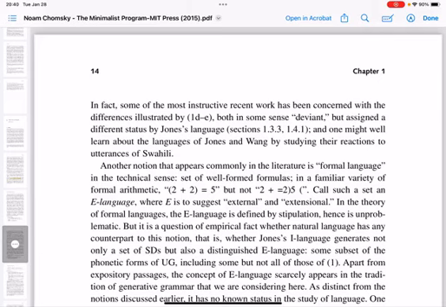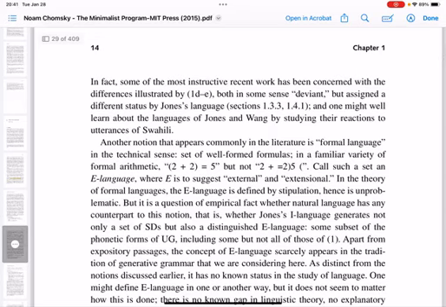I don't know. It's something, but assigned a different status by Jones's language, and one might well learn about the languages of Jones and Wong by studying their reactions to utterances of Swahili.